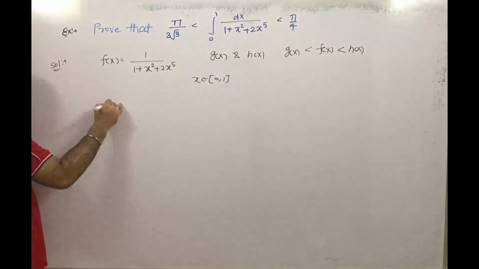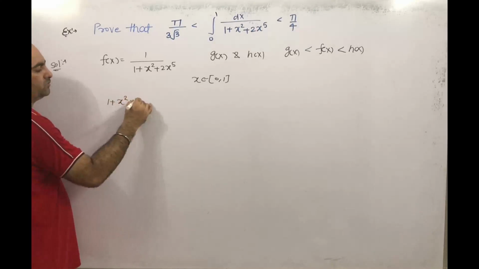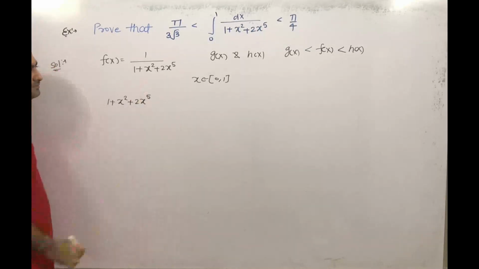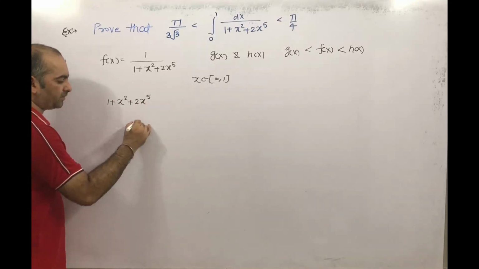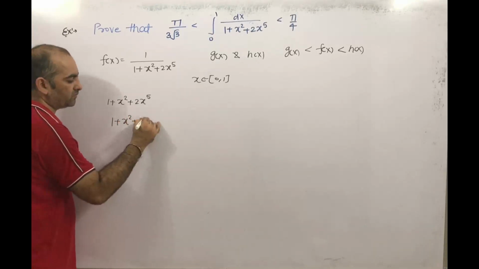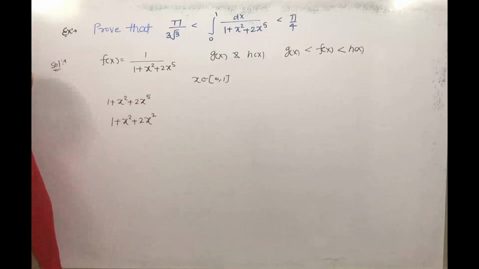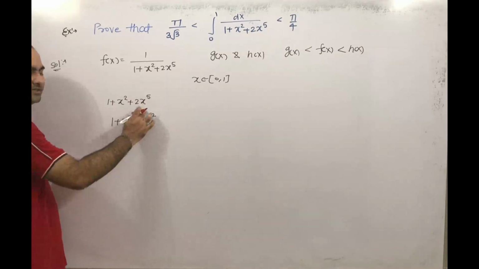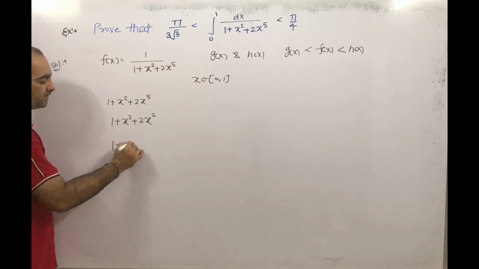So one thing we can do: 1 plus x² plus 2x⁵. Here, instead of x⁵, if I write x². So 1 plus x² plus 2 times x² we are writing. Next, this one we are writing 0, so what will come? 1 plus x².